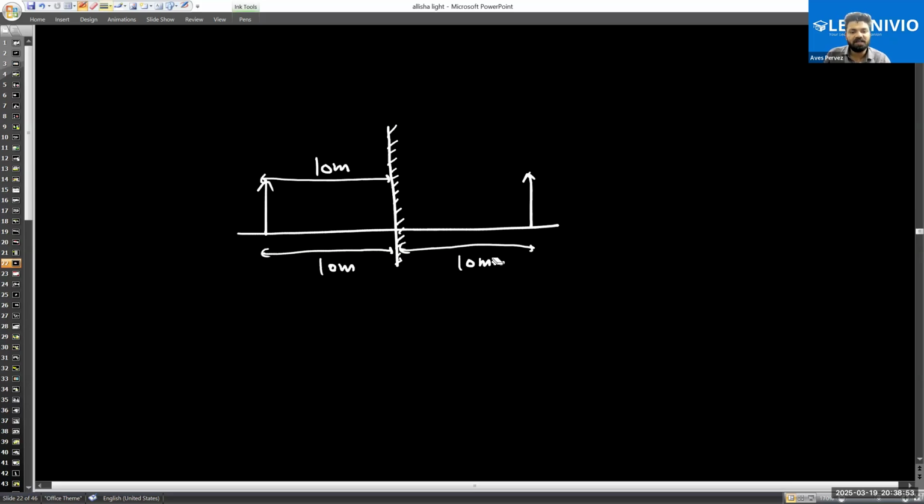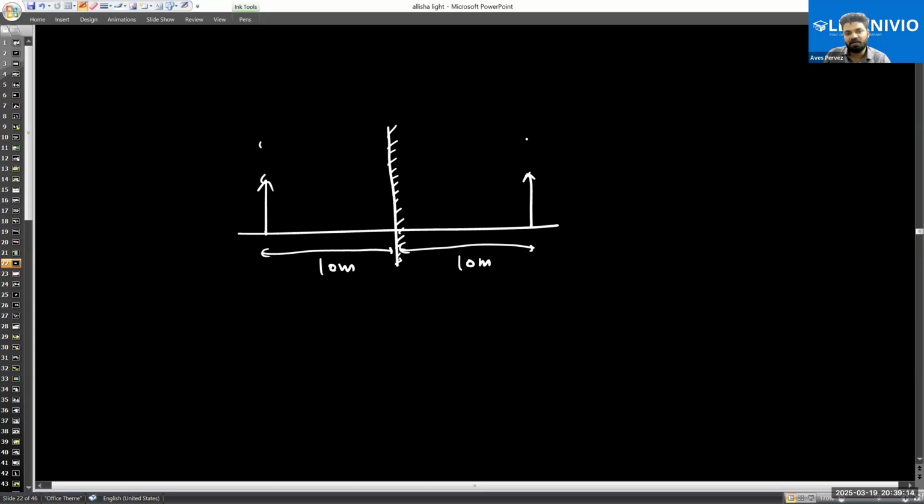What it is saying in the question is how far he should travel so that the distance between him and his image should be 5 meter. Right now the distance between him and his image is actually 20 meter.